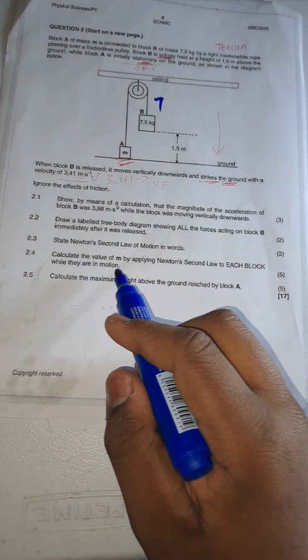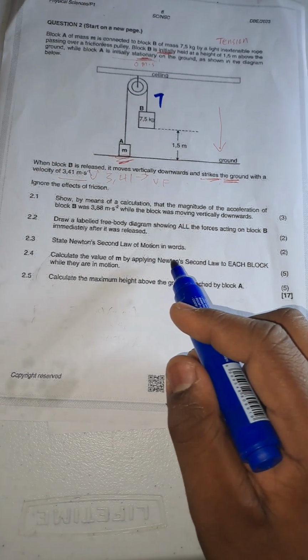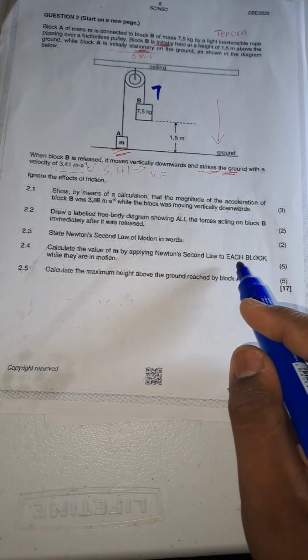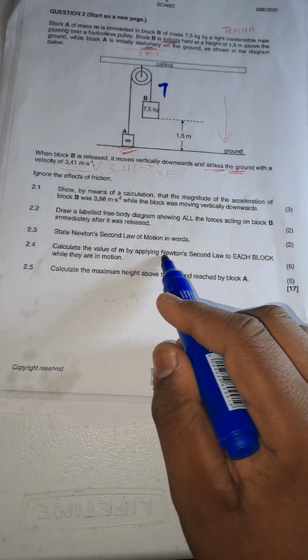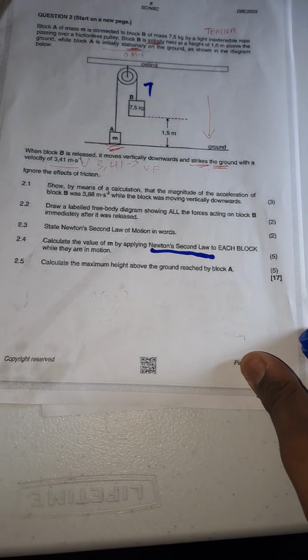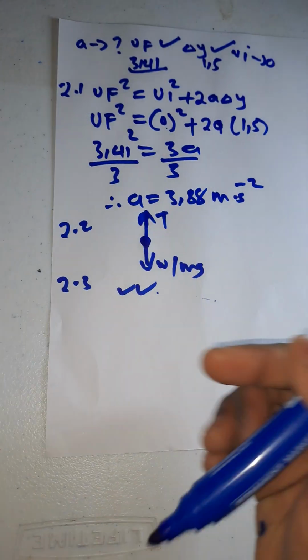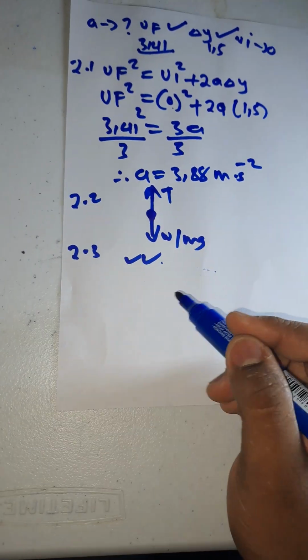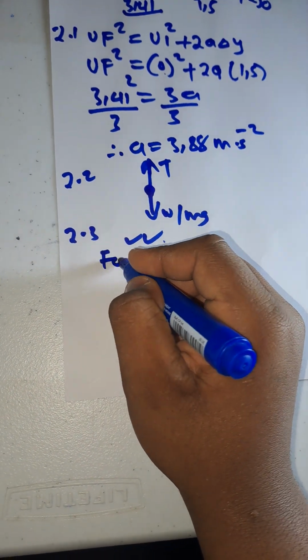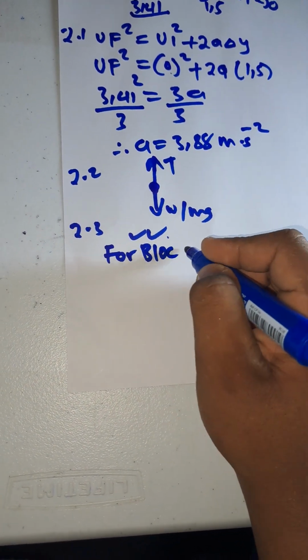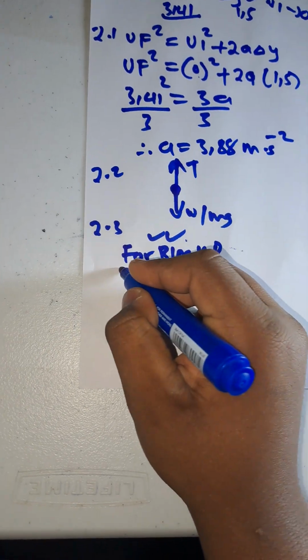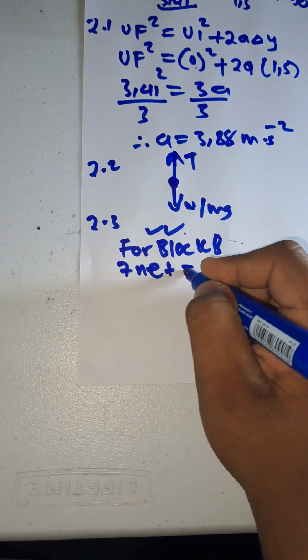2.4. Calculate the value of m by applying Newton's second law to each block. So now they're saying applying Newton's second law, so it means we are gonna use F net is equal to ma. Let's start with block B. For block B, F net is equal to ma.